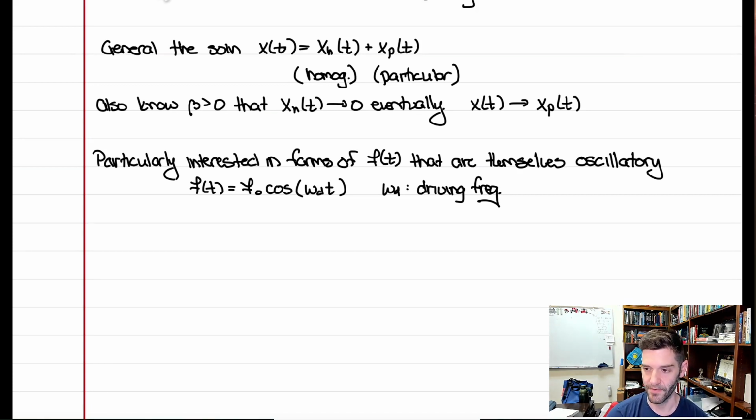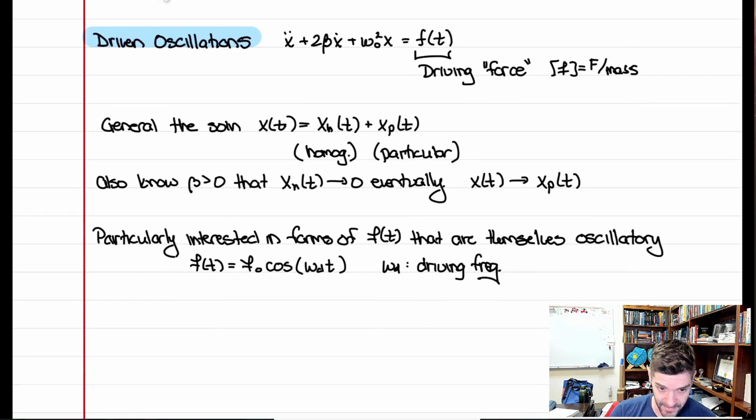So studying them in their own right is useful, particularly here. So we're going to consider cases where this kind of driving function on the right-hand side is itself f naught times cosine. And again, if we can do it for cosine, it's going to be identical for sine. So we're going to be able to do it for any sort of trigonometric oscillatory motion.